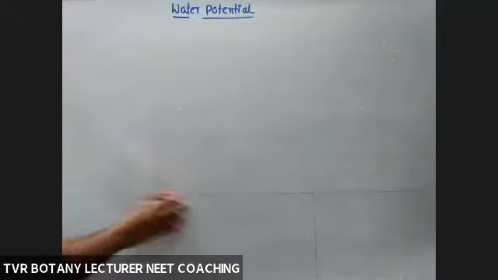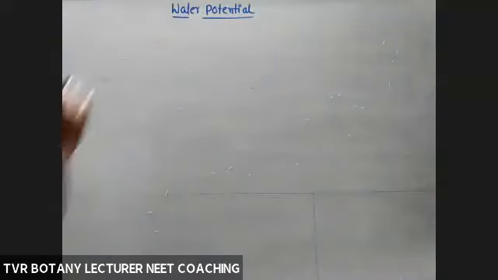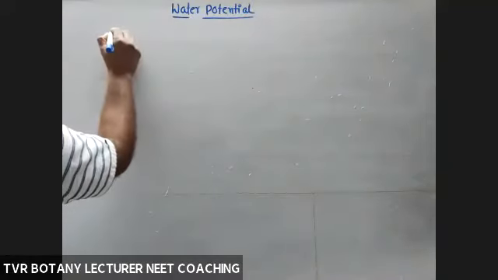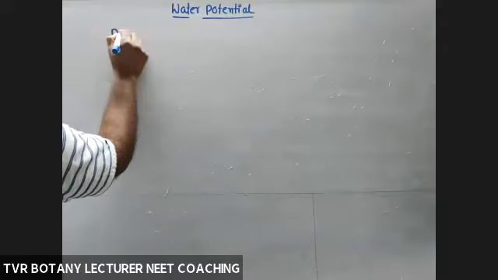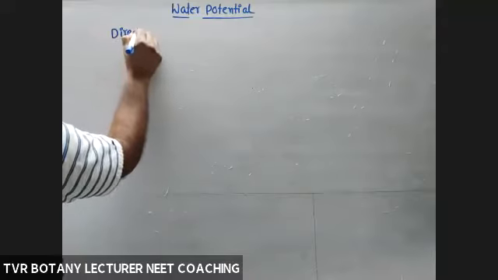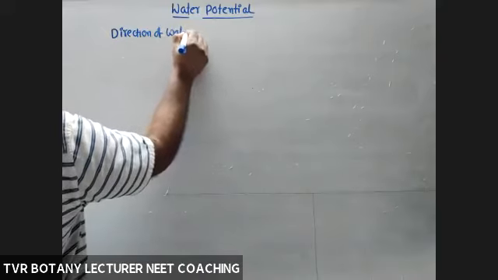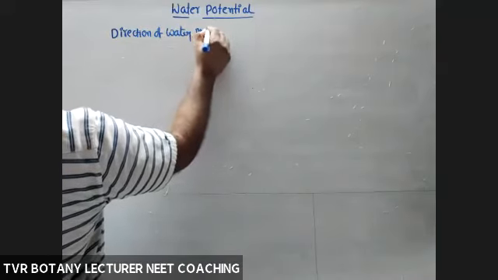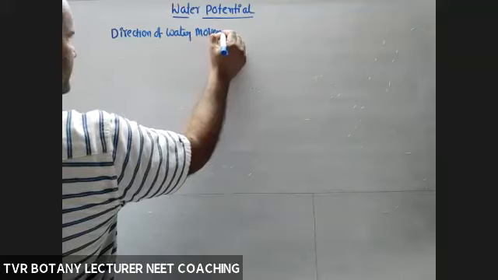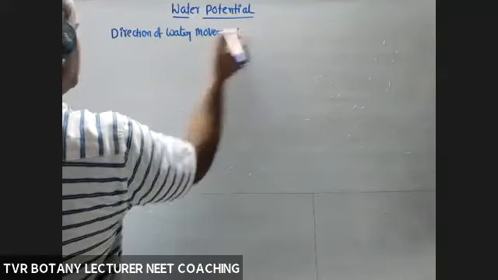Okay, now how to decide the direction of movement of water on the basis of water potential values. For example, take two plant cells.